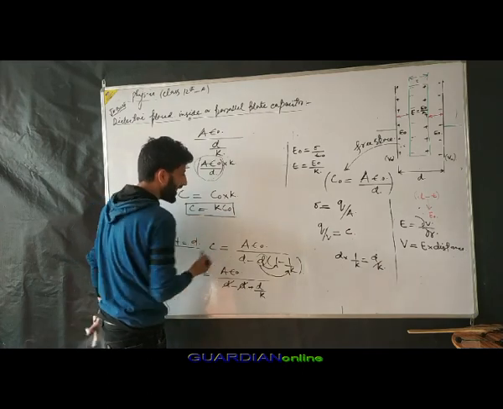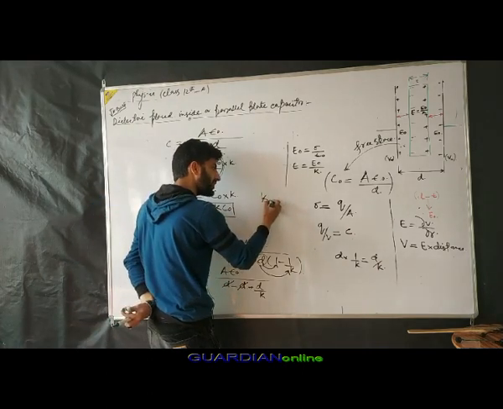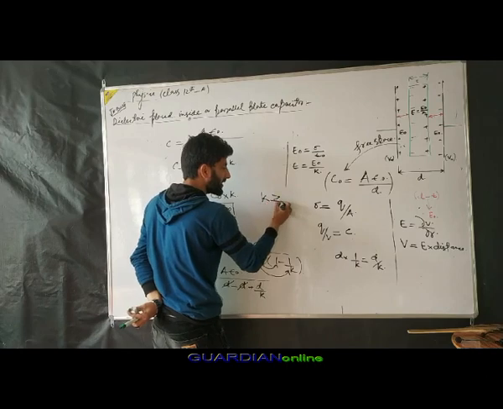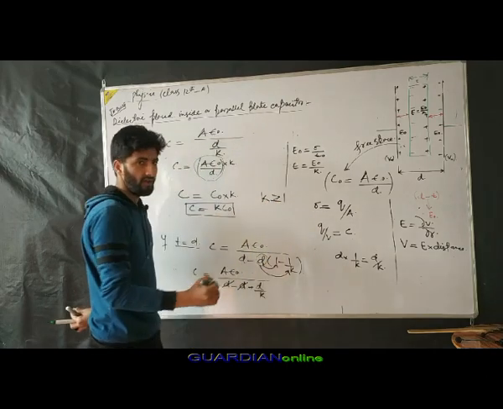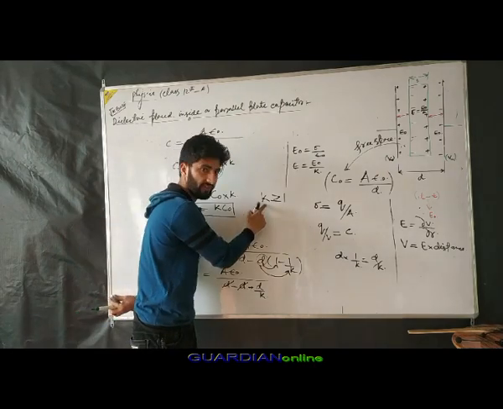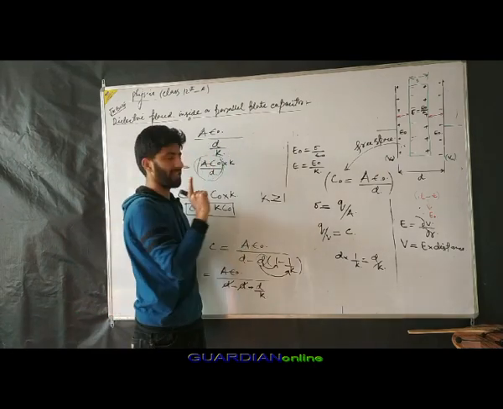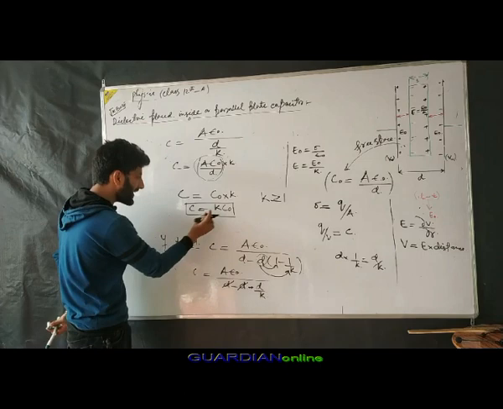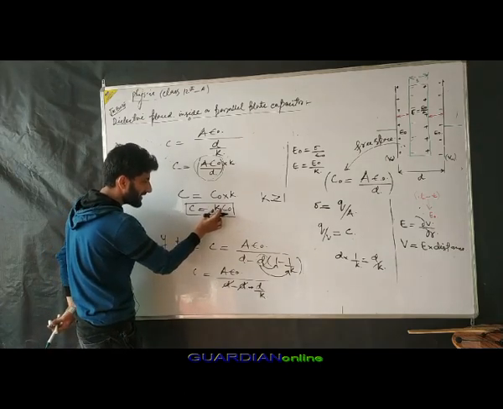Now the K value should always be greater than or equal to 1. For free space it is 1, and for a conducting material it is infinite. So the K value should always be greater than or equal to 1.